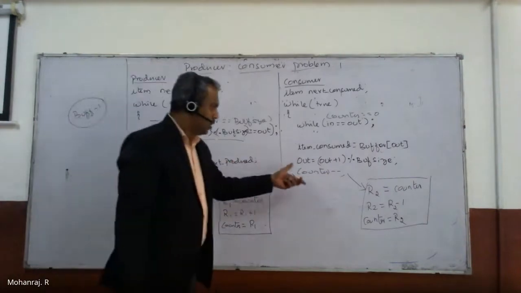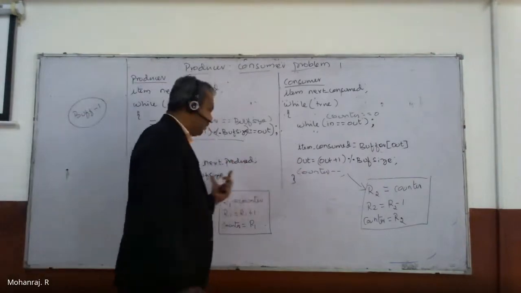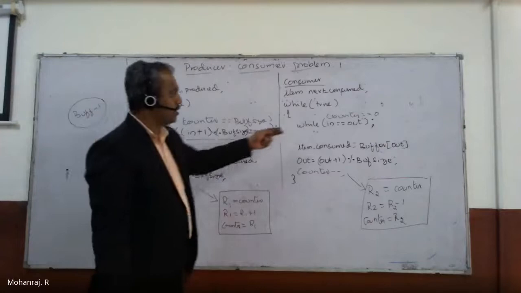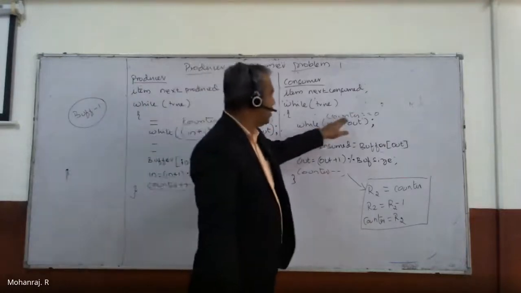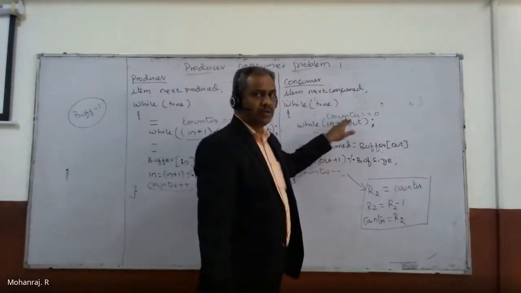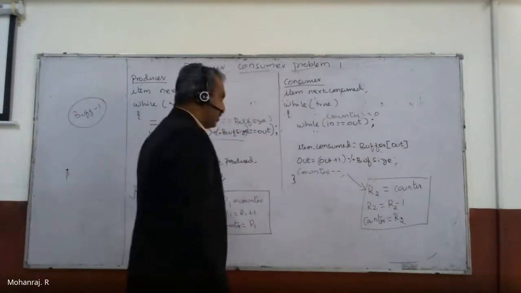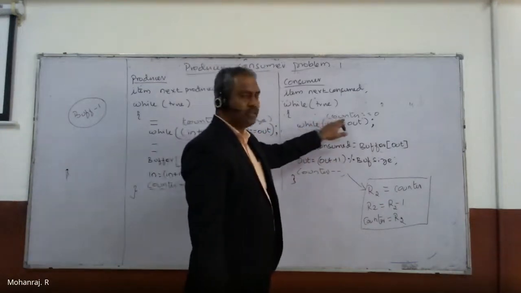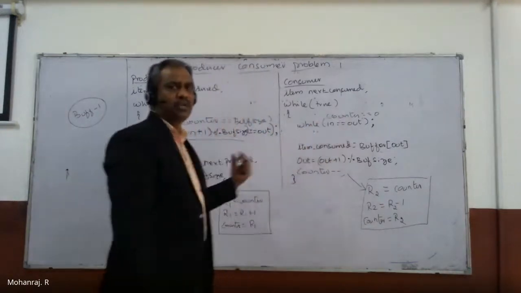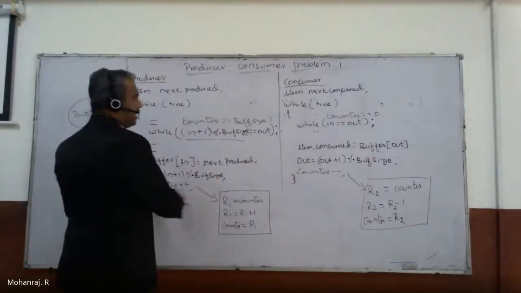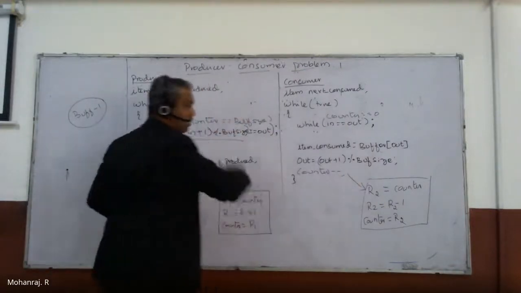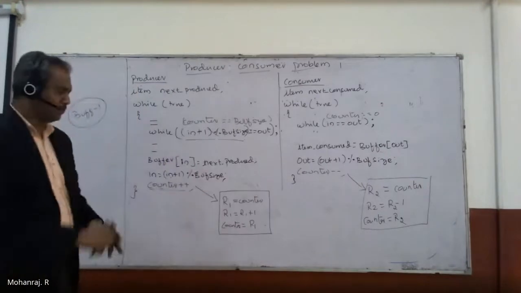Now, if the execution comes here, whatever value is reflected here is seen here because we are using the same counter, so even if it is incremented here, that will reflect in this counter too, which means that the counter I have written here and this one are all the same variable.